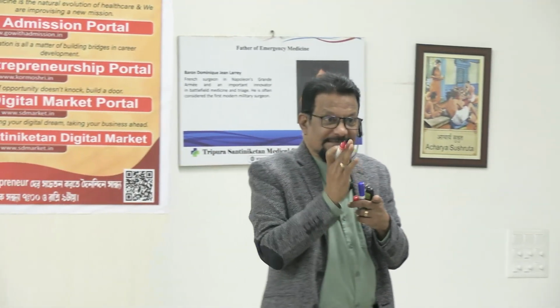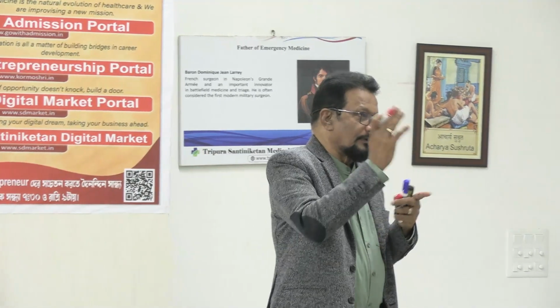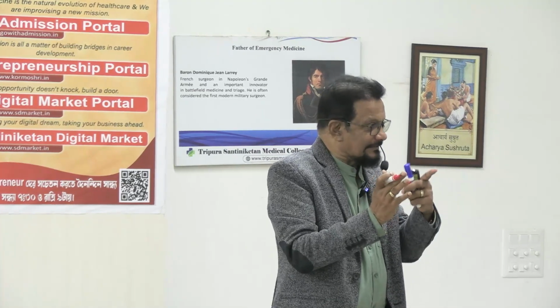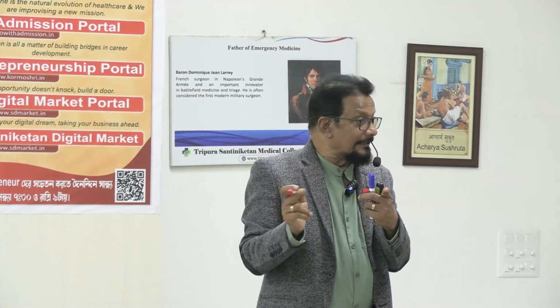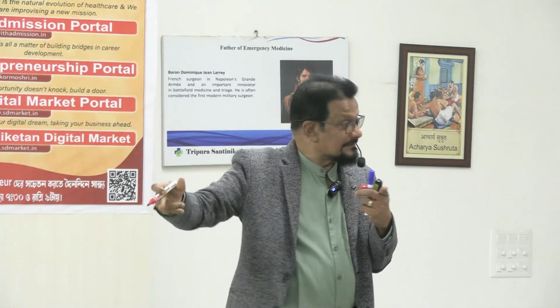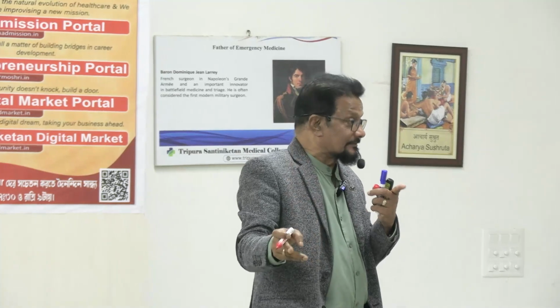Since the ganglia is near the spinal cord, that's why the length is less. But post-ganglionic fibers arise from this ganglia and go to a distant place where the target organ is. That's why its length is more.